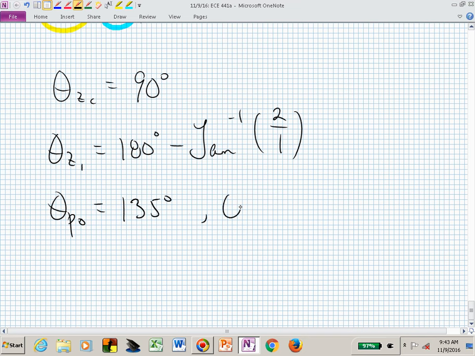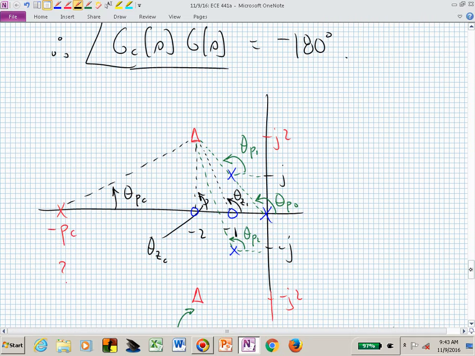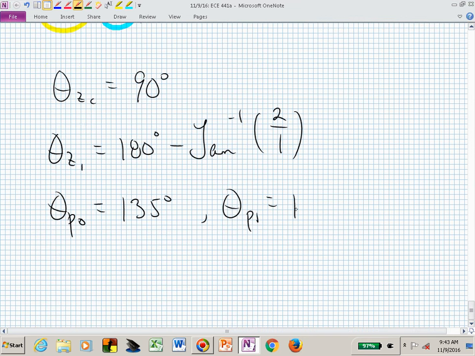Do you see that that's also the angle from the pole at minus 1 plus j1? I go up 1 and over 1, so that also is 135 degrees. What about theta sub p sub 2?